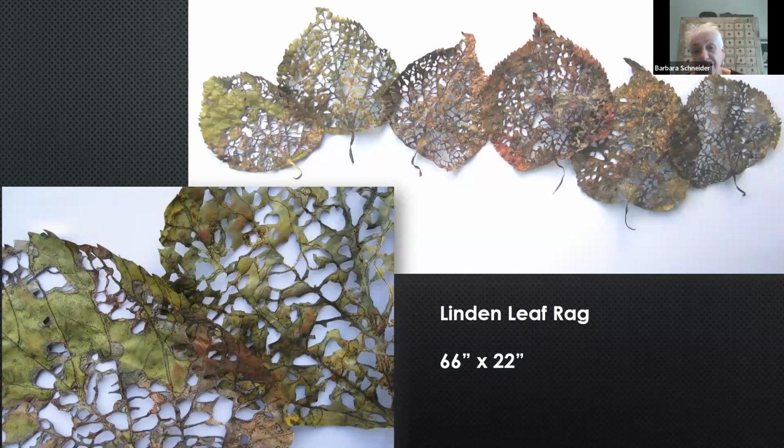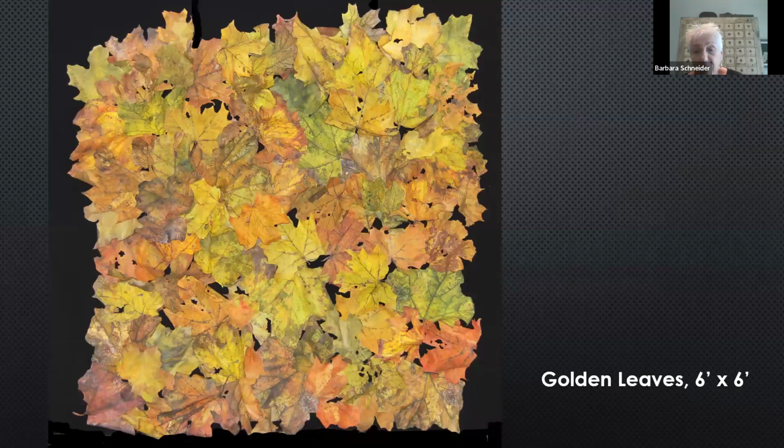This one is called Linden Leaf Rag, and the detail is in the corner. And this piece I created for Quilt National some years ago now, called Golden Leaves, and it's 6 feet by 6 feet. And when it started out, I knew I wanted it to be big. And that seemed like a good size.